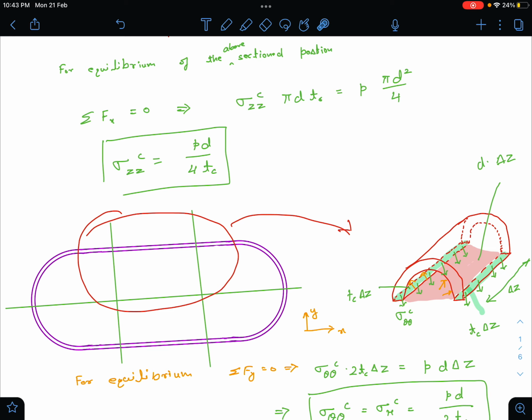Now if this whole portion is in equilibrium, then net force in y direction should be 0.